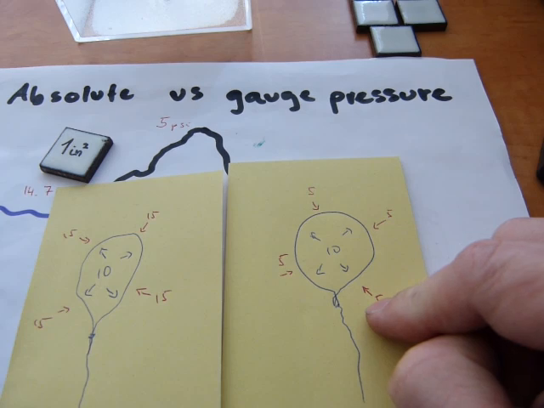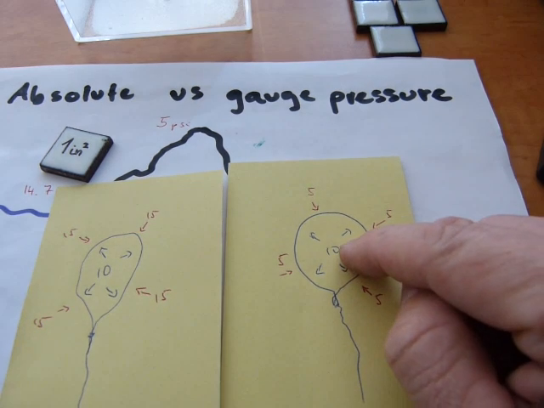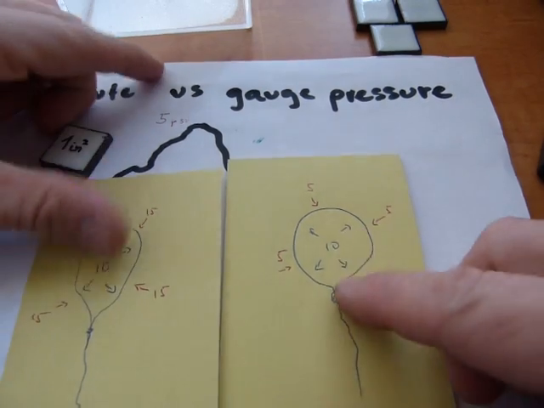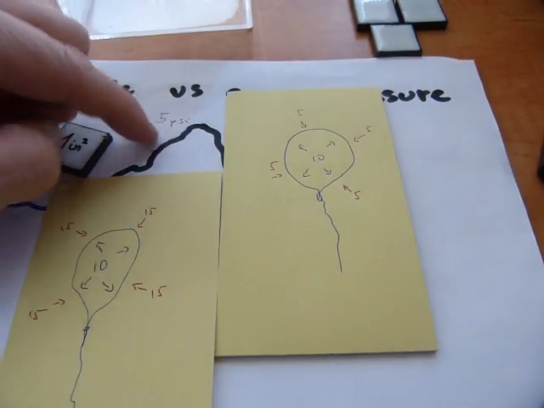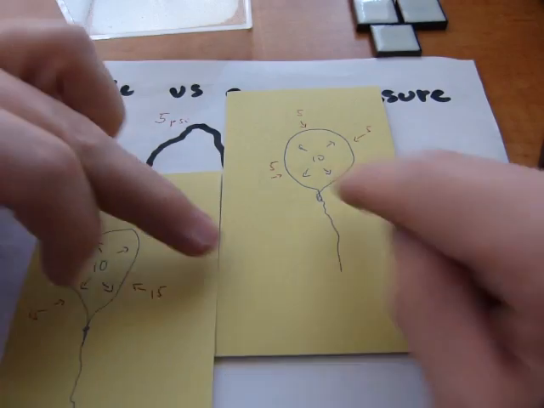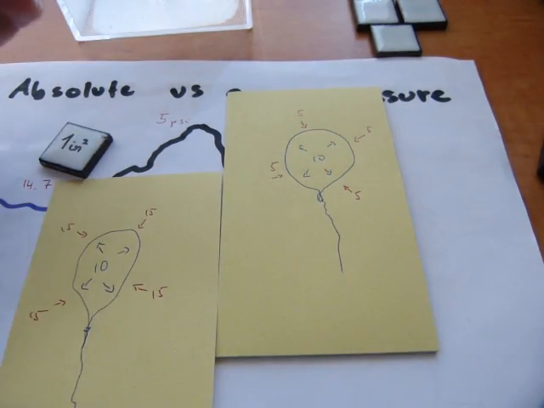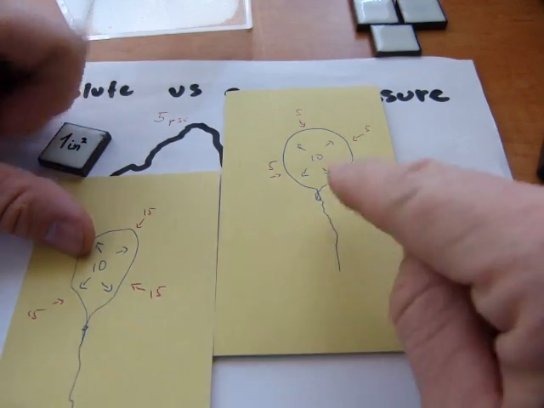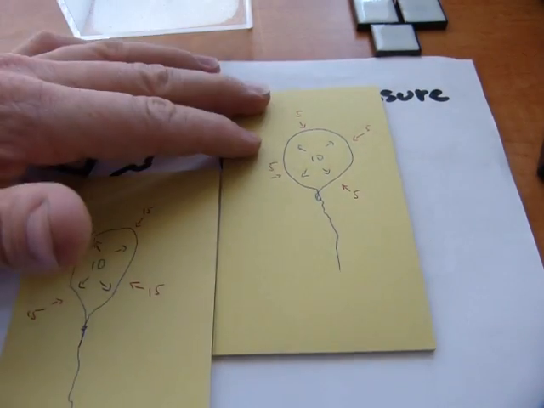If the outside pressure is only 5 and the inside pressure is still 10, because the balloon is now at the top of Mount Everest, then the pressure differential is still 5, whereas this was maybe minus 5 psi, now it's plus 5 psi.